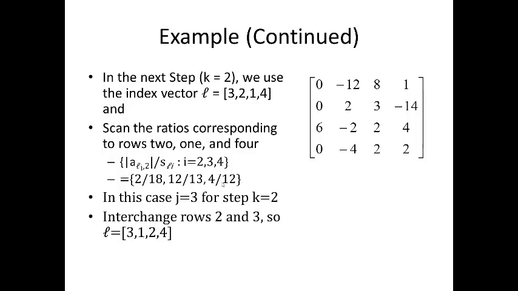So we interchange J and K, which means interchanging rows 2 and 3. So now our index vector is 3, 1, 2, 4. And you can see we interchanged these 2 to produce this. And row 1 now becomes the pivot equation.